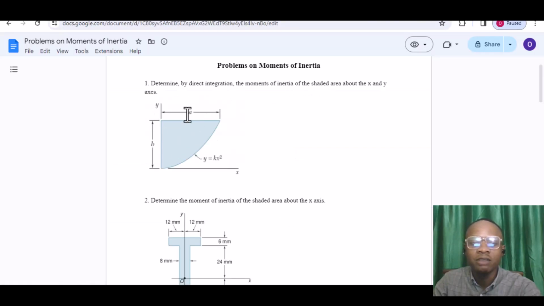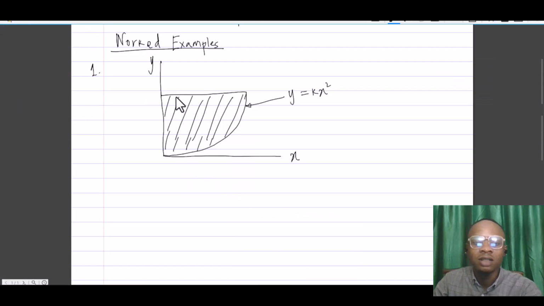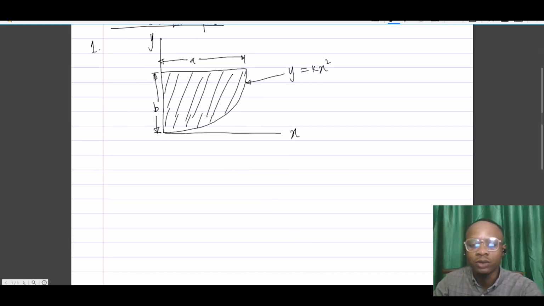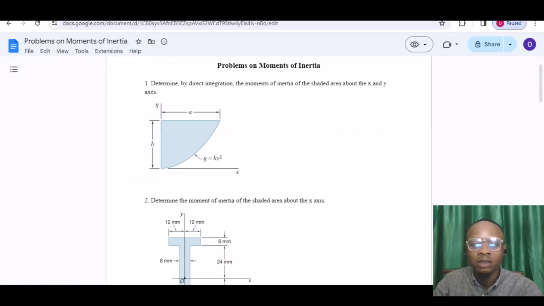We're told that the length of this horizontal side is A, the distance along the horizontal, and the length of the vertical side is B. Just to be doubly sure that we've extracted the details properly, we have y equals kx squared, horizontal distance A, vertical distance B.